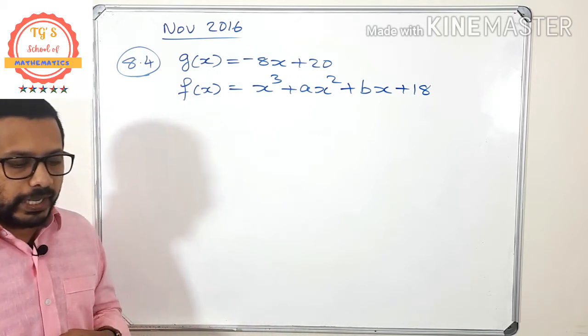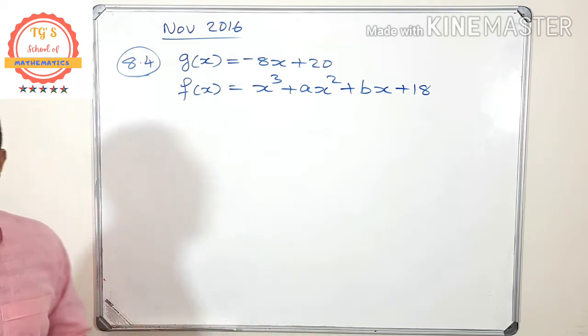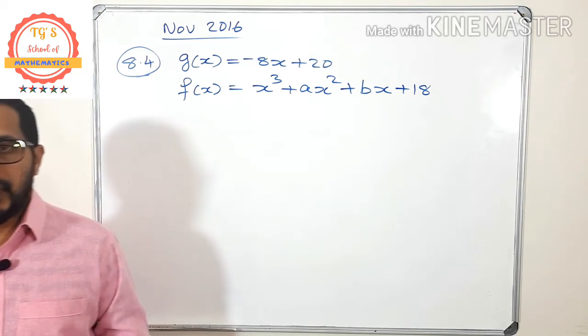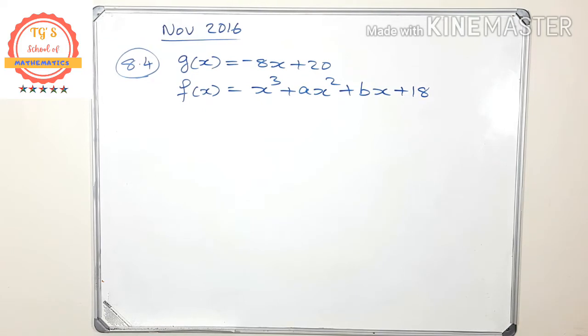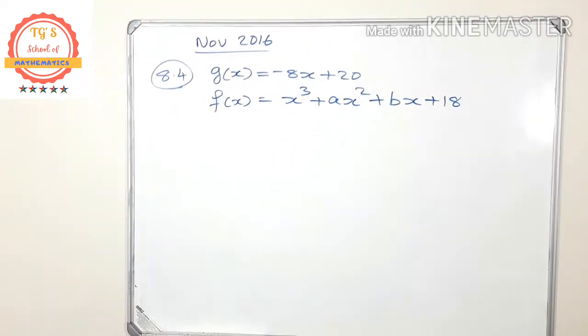Calculate the value of a and b. You have to find the values of a and b. That is the question. So there is a function given, g of x equal to minus 8x plus 20.